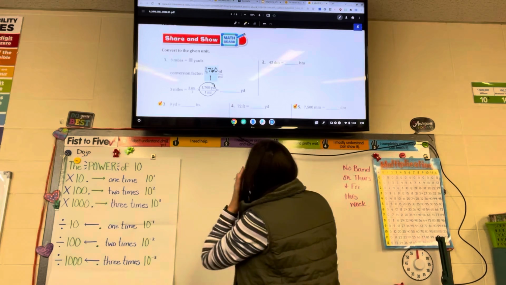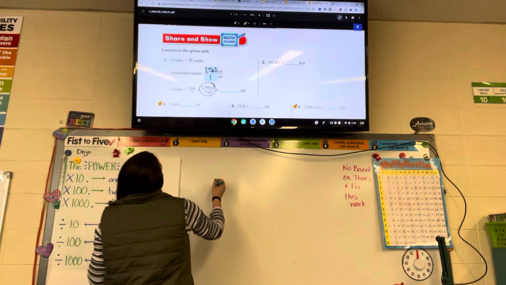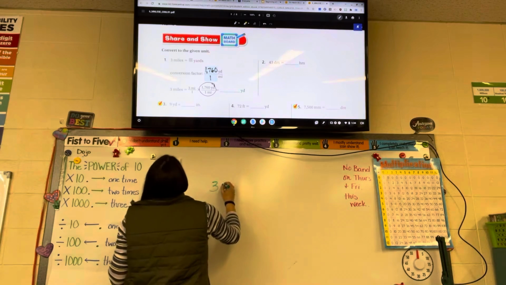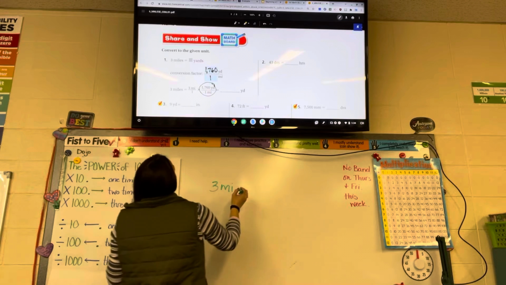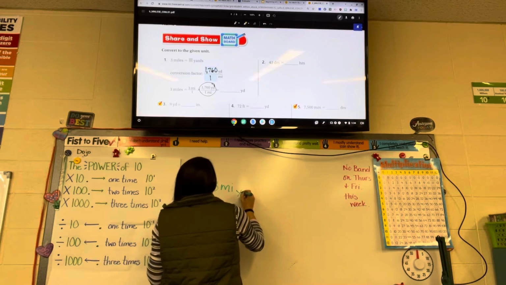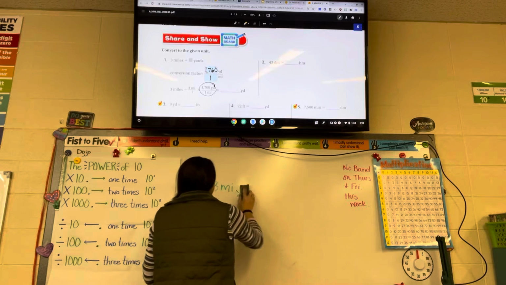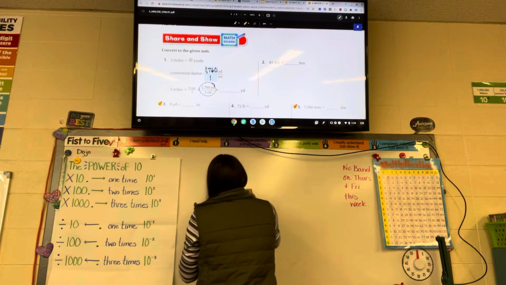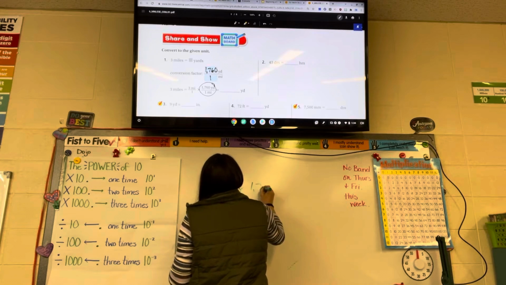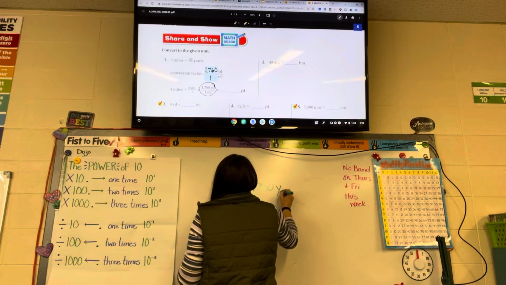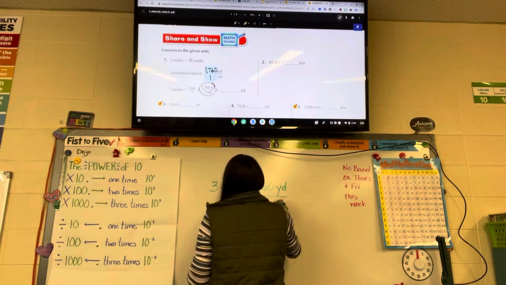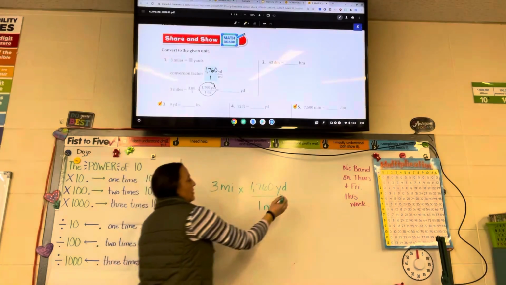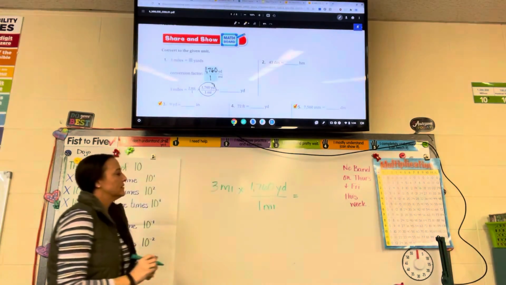We want to know how many yards are in 3 miles. So if we have 3 miles times 1,760 yards per 1 mile, what's that going to give us? 5,280.